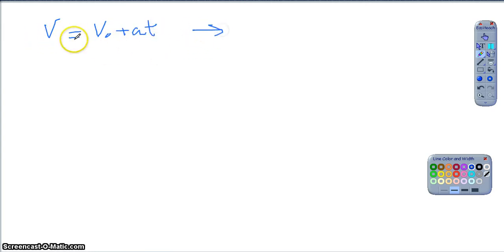Well, what's the angular equivalent of this equation? Well, the angular velocity would equal the initial angular velocity plus alpha times the time, right? So just like I have this equation for linear kinematics, I have the exact same thing for angular kinematics.